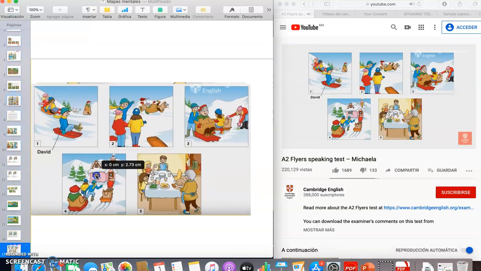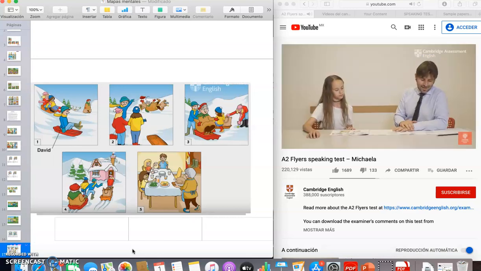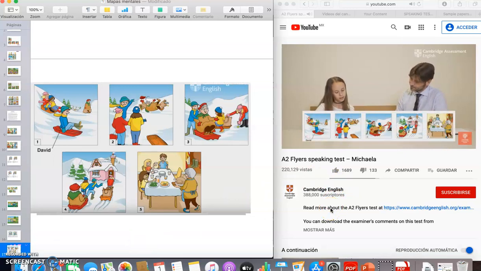These pictures tell a story. It's called David and His Sisters Help an Old Woman. Just look at the pictures first. David and his sisters are playing in the snow with their sledges. It's lunchtime and they're hungry. Now, you tell the story. They saw a woman who fell on the ice, and they went to help her.